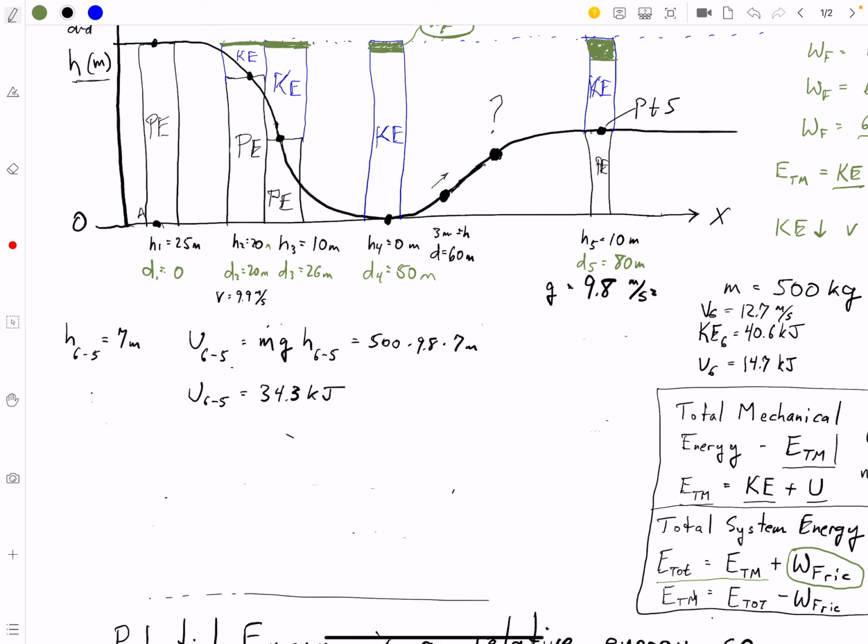Kinetic energy at 6 has to be greater than that. And our kinetic energy at point 6 is right here. And looky there, it's greater. So we might just make it. So the kinetic energy at 6 is greater than the potential difference between 6 and 5.